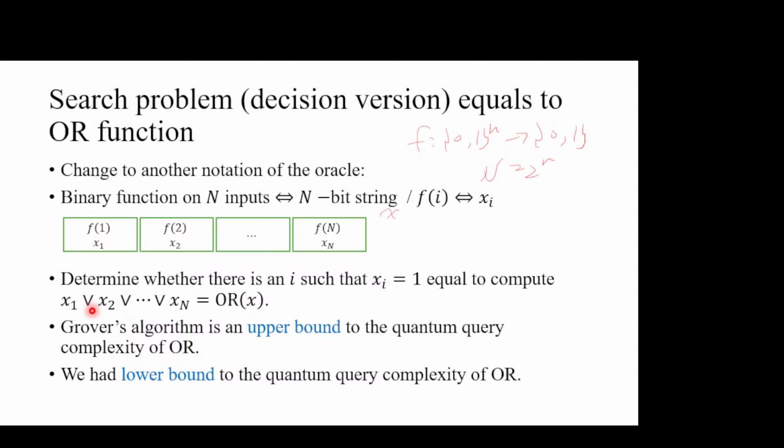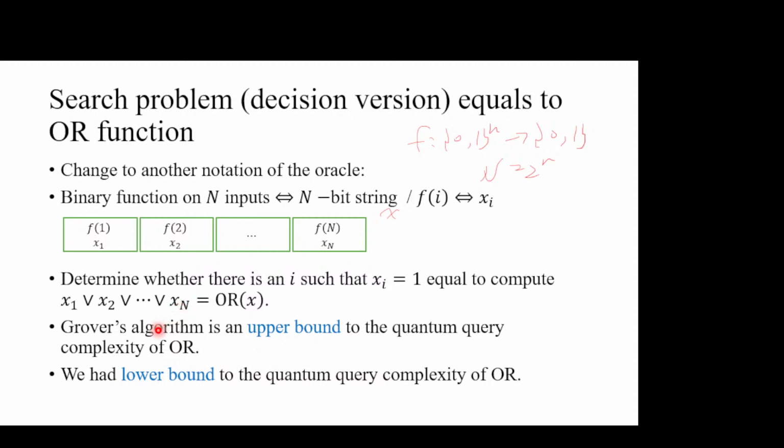So we found out that the Grover search, the search problem on this small f function, can be thought of as calculating the OR function on this big N input string x.